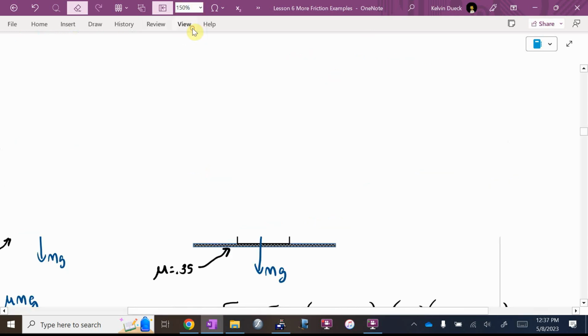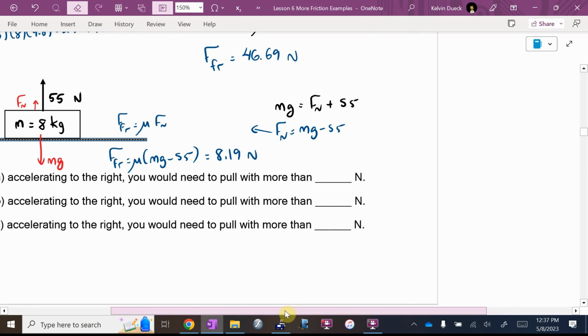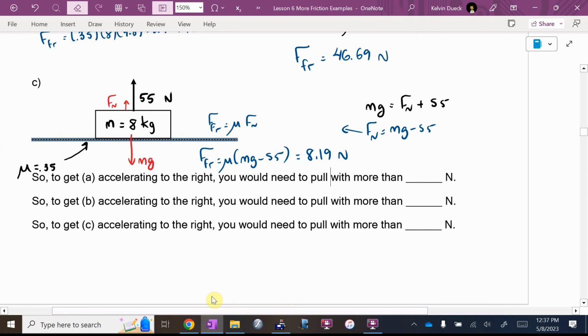So what does that mean? To get situation A accelerating to the right, you would need to pull with more than 27.44 newtons. What about situation B? What would you need to pull more than? Anderson. Good.